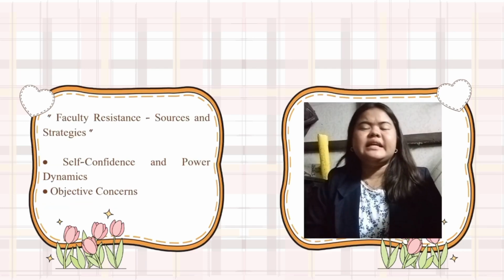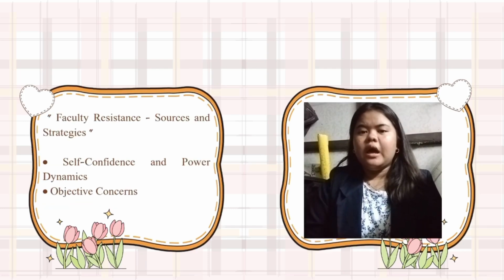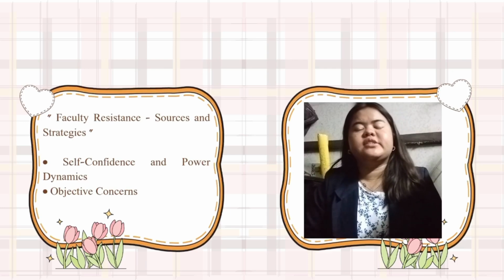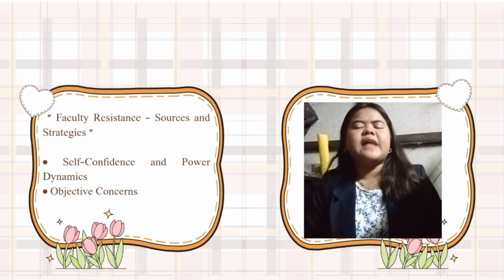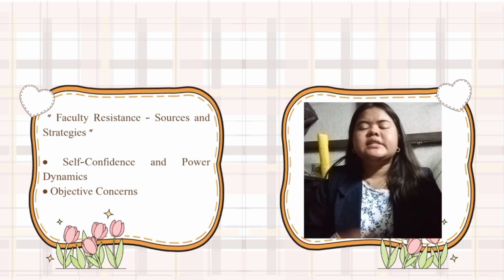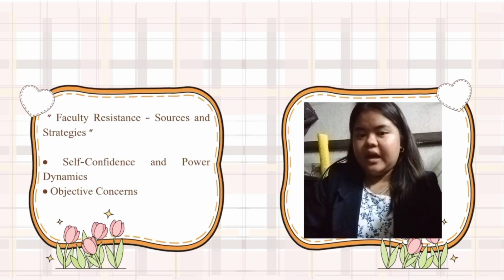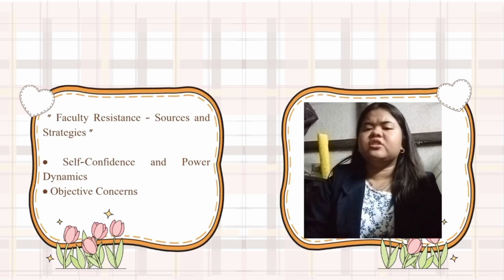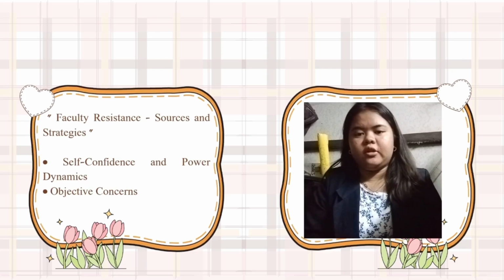So resistance isn't limited to students. Faculty members also face challenges in adopting learner-centered approach. The text highlights two main sources of faculty resistance: self-confidence and power dynamics. Learner-centered approach challenges the traditional teacher as expert model.